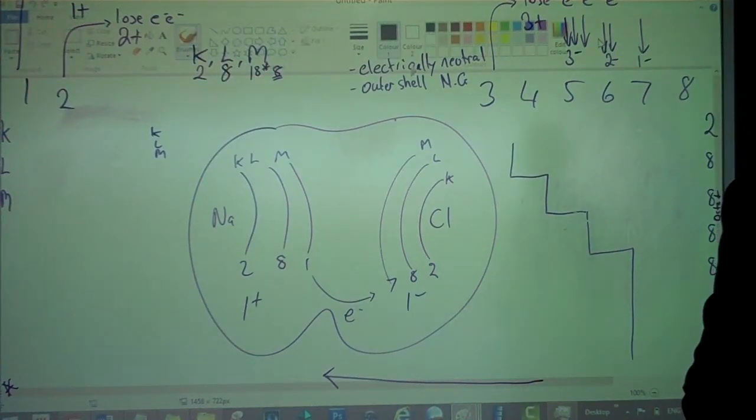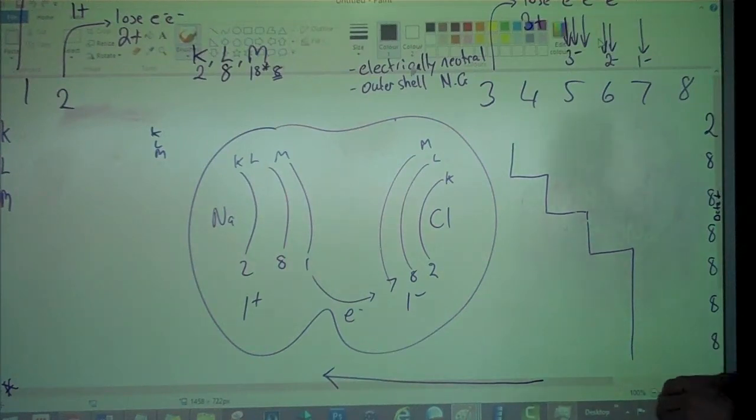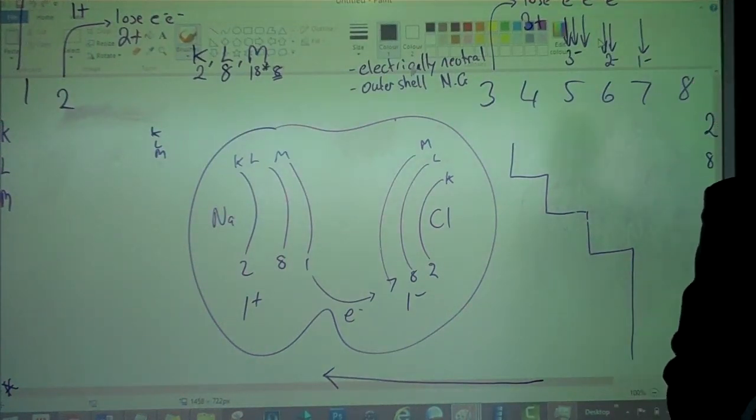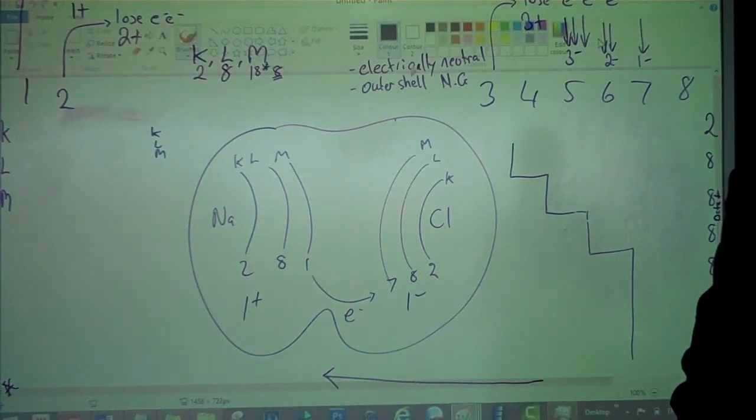You should look at group 5 and know that they gain 3 electrons. Yes? You need to be able to work that out from scratch. Remember, the periodic table that you are going to be given contains none of the information that you've written down. You need to be able to look at that and understand it.